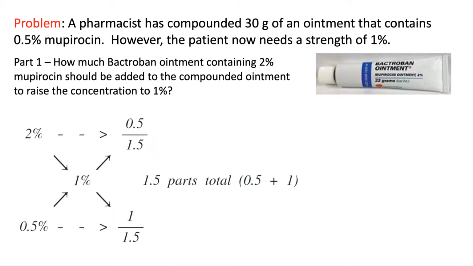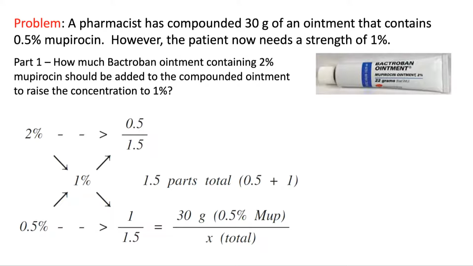Let's start down at the bottom at the 0.5%, and use its ratio: I need 1 part of the 0.5% out of 1.5 parts total. I can set that equal to the weight of my 1 part of the 0.5%, because I'm starting with 30 grams of that concentration, over X, and X represents the total weight that I don't know.